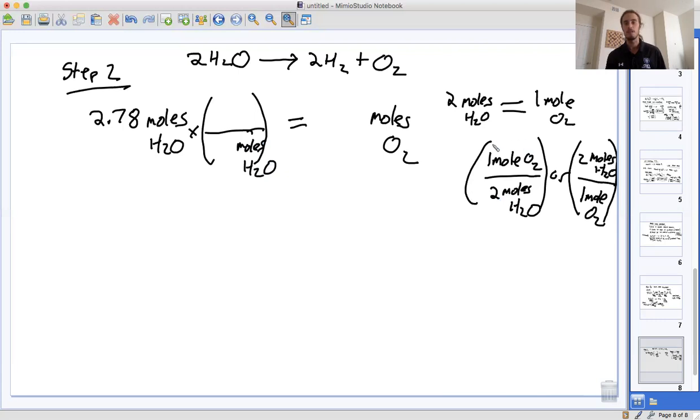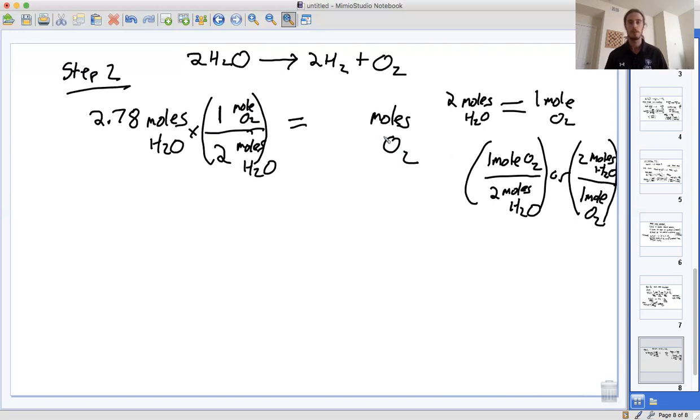The coefficient for water goes on the bottom, and the coefficient for oxygen goes on the top: 1 mole of O2 is the same as 2 moles of water. So the number of moles of oxygen I make is going to be 2.78 times 1 over 2.